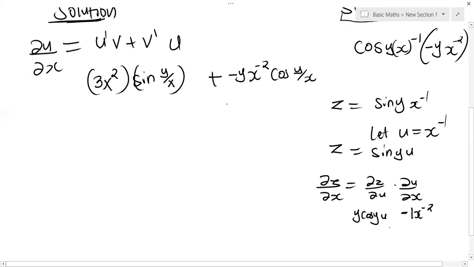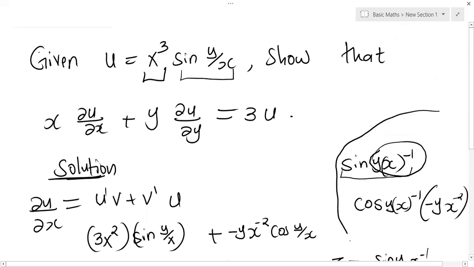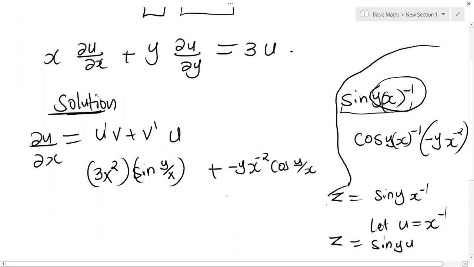Putting this together, we get minus y x raised to power minus 2 cos of yu. But what is u? U is x raised to power minus 1. So this is what we get, which is obviously quite similar to what we got using the shortcut. So the whole of that is just the different ways we can use to get the v prime.